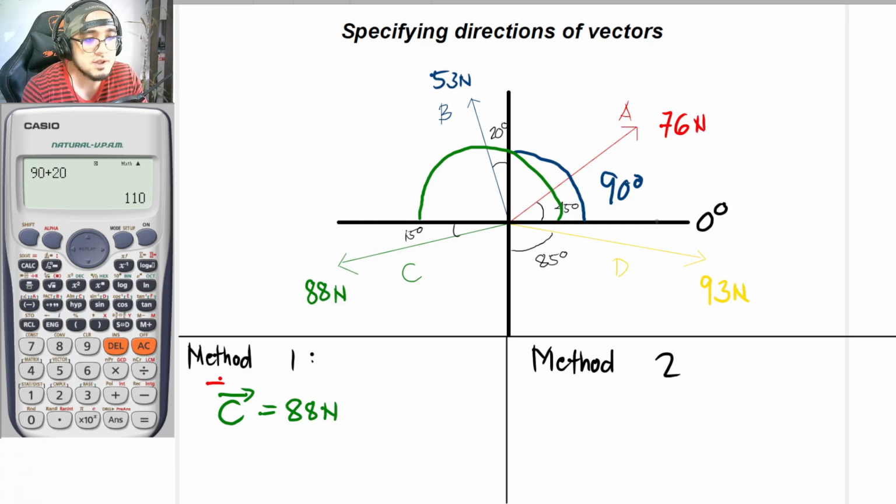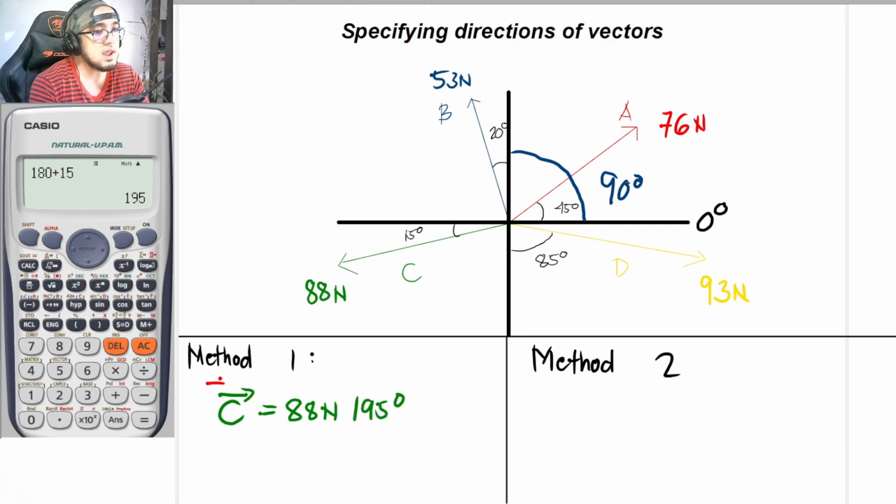Once again, just measure the angle from the origin or the 0-degree reference line up until the vector in a counterclockwise direction. Looking at the calculator to your left, that is 180, measured from this reference point up until this, and we would be adding 15 degrees. So plus 15. Our answer here is 195 degrees.